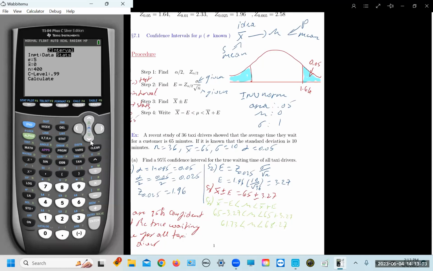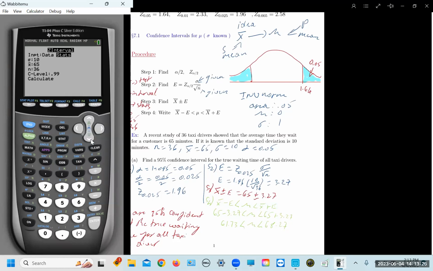So sigma is 10, X bar right here is 65, and n is 36.